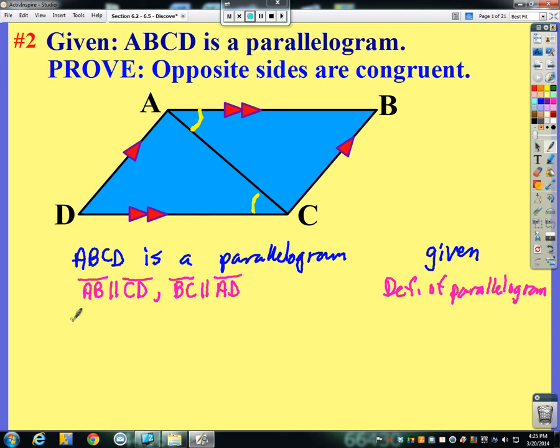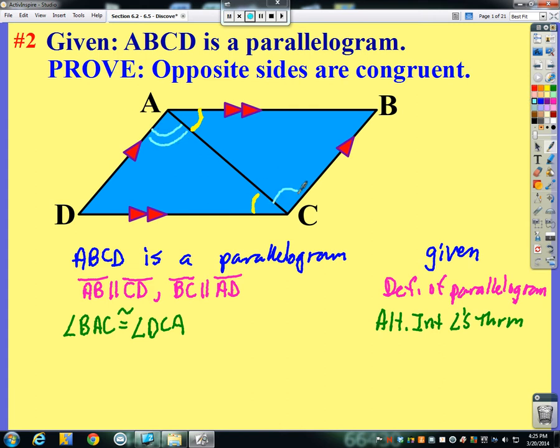So I could go ahead and state angle BAC is congruent to angle DCA, and I just used, from a couple chapters ago, the alternate interior angles theorem. Now, I have another set of parallel sides, so I have additional alternate interior angles. I know that angle DAC and angle BCA are congruent for the same reason. So angle DAC is congruent to angle BCA.